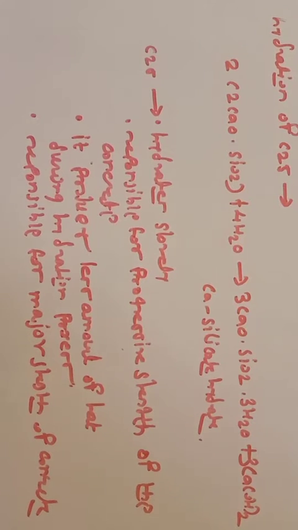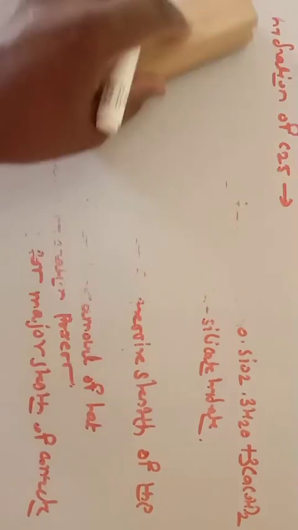Dicalcium silicate hydrates slowly as compared to tricalcium silicate, produces less heat during the hydration reaction, and is responsible for the major strength of concrete. The hydration reaction of this cement results in the formation of calcium hydroxide as a product.